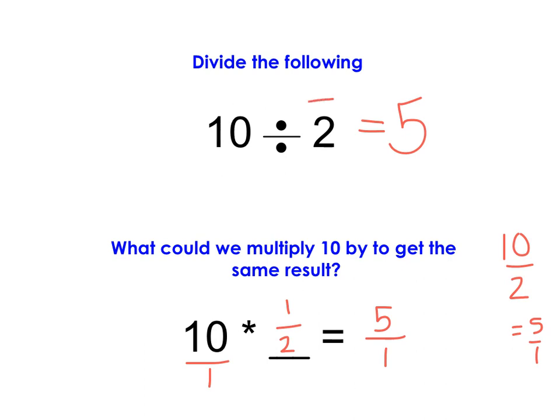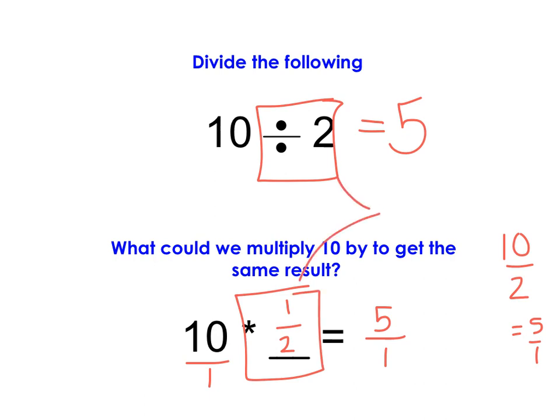So essentially, dividing by 2 and multiplying by 1/2 are the exact same thing. And that's kind of the essence of dividing fractions, and I'll explain how that all ties together. But notice that if we're dividing by 2 over 1, and if we're multiplying by 1 over 2, we get the exact same answer.